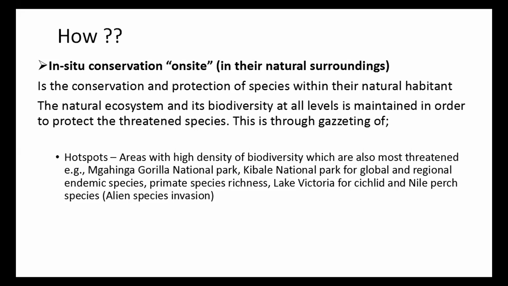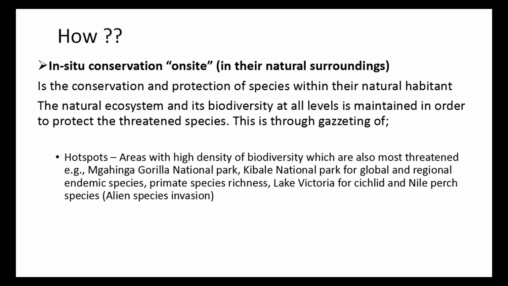So how do we do it? We identify the hotspots. These are areas with a high density of biodiversity which are almost threatened, for example these national parks, for global and regional endemic species, like Lake Victoria.